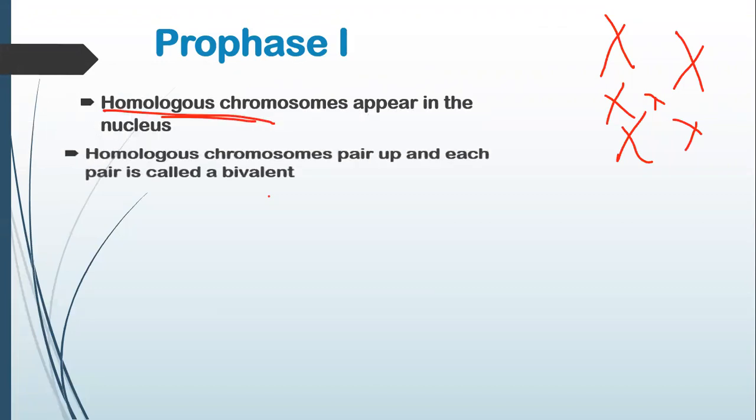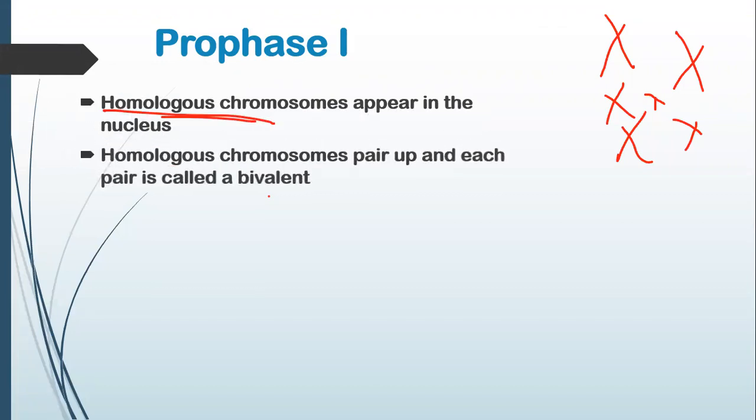Then they will pair up in the process known as synapsis, and that pair of homologous chromosomes that will be formed is known as a bivalent.